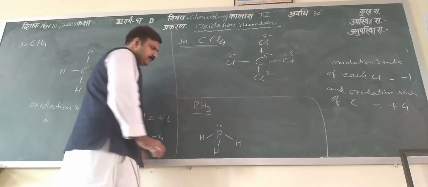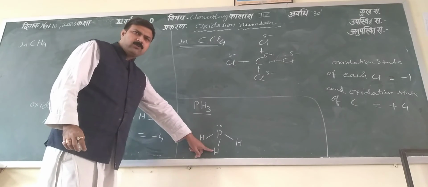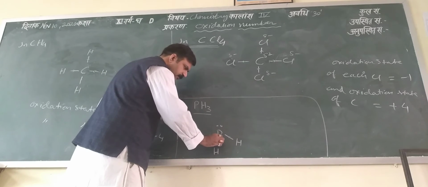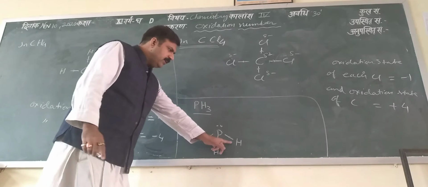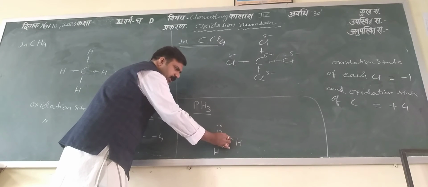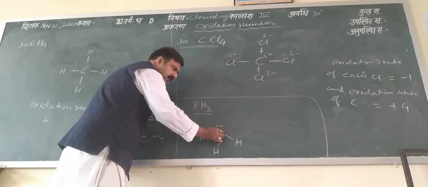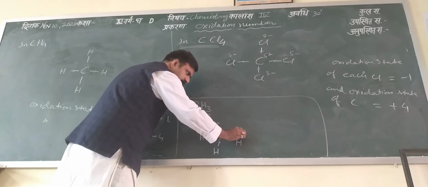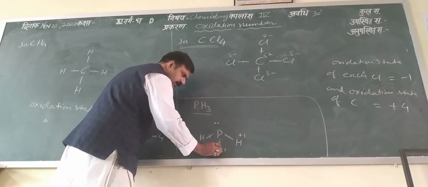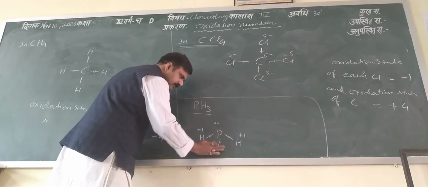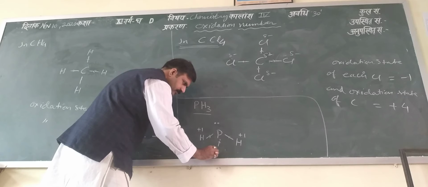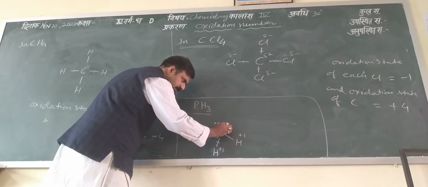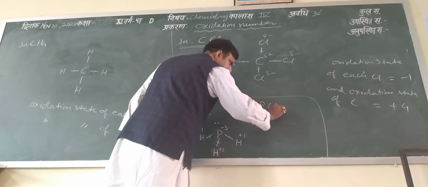In PH3 hydrogen is less electronegative than phosphorus, so the bond is polarized towards phosphorus, and if the bond breaks, the shared electron between phosphorus and hydrogen will completely transfer towards phosphorus. So the oxidation state of each hydrogen is +1, and phosphorus is -3.